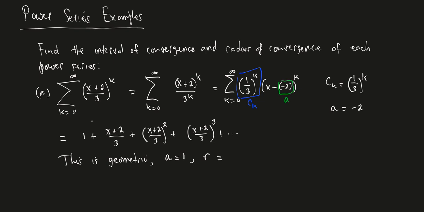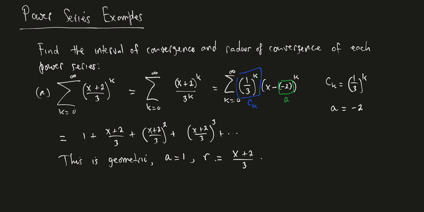Each time we multiply by the quantity x plus 2 over 3, and it generates the next term. The difference now is that our r has the variable in it, but it's still geometric in its pattern. So how is this helpful?